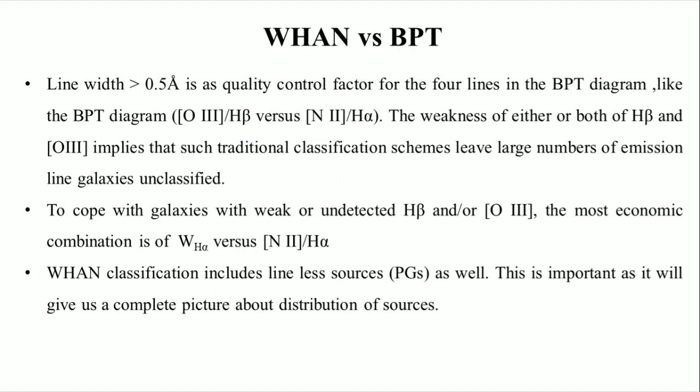As stated before, a good classification scheme should include all the sources in the distribution and shouldn't leave out any, because understanding what fraction of galaxies are lineless is also important in understanding the overall distribution of sources. So the WHAN diagram is better than the BPT diagram in a way because it includes passive galaxies as well, and it helps us get a complete picture of the distribution of sources in the sky.